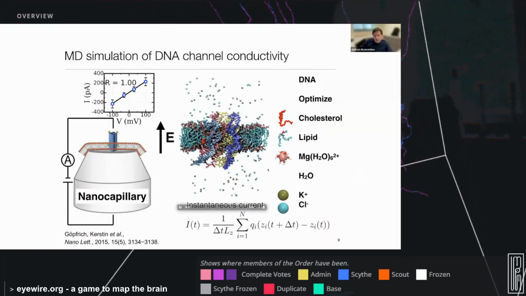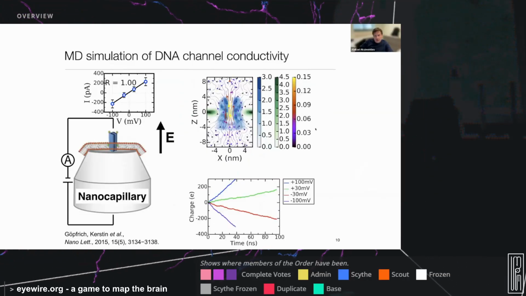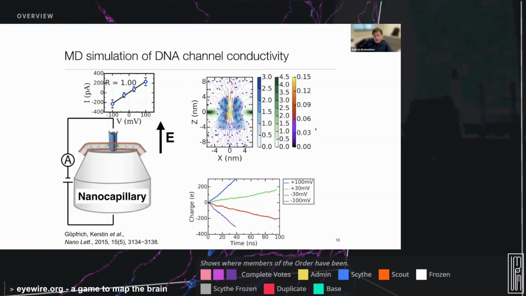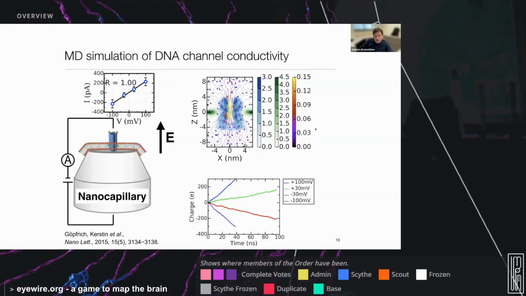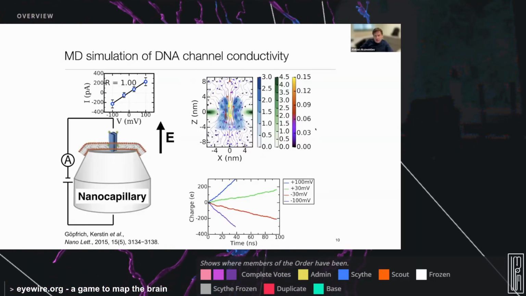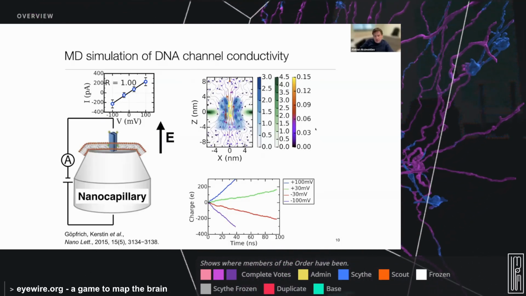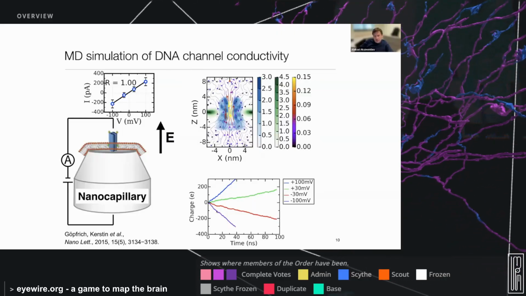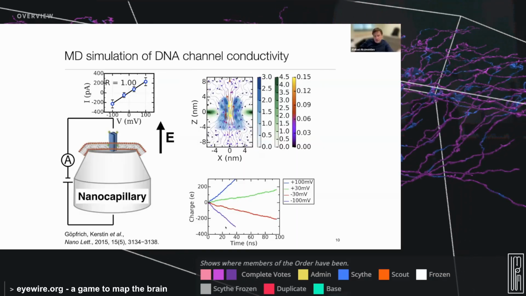So we can measure directly the current from the displacement of ions, and we can do it at multiple applied voltages. So at the end of the day, we have a complete account of what's going on in this microscopic system. So we can measure how much charge is transported versus time. So the derivative of that, or slope of each curve, would be the average current.